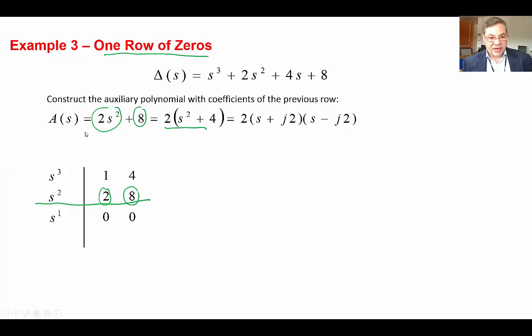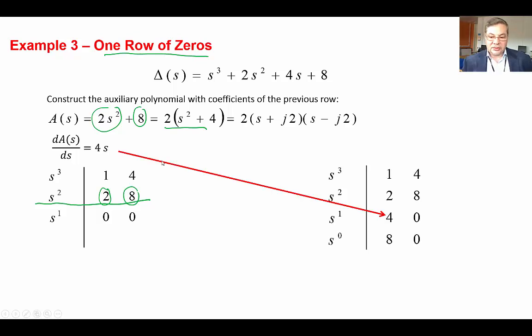If you differentiate A, you will get 4s plus 0. Then take that 4 and put it instead of the first 0. So that 4, we'll put it there, which I'm doing in the other table. Construct the table.